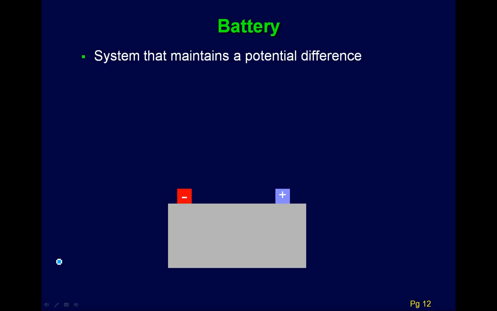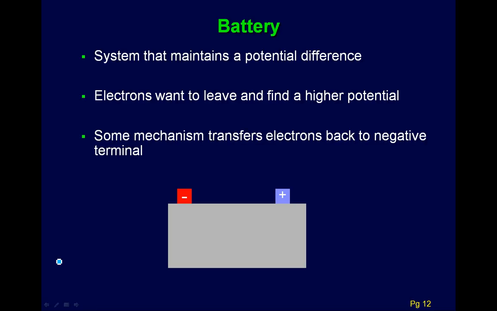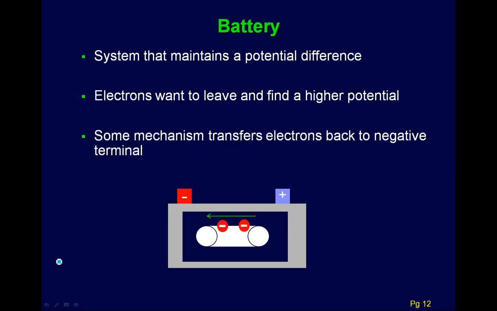A picture I'll sometimes show is some sort of mechanism. Now we know it's chemical, but you can imagine there's a little conveyor belt in here, and that conveyor belt takes negative charges from the positive side and moves them over to the negative side.